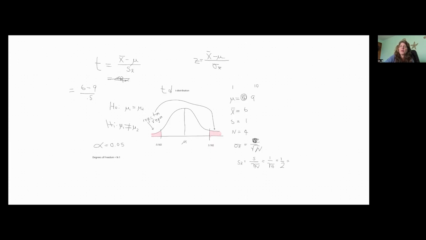I should have done that over here earlier. So that gives us negative 3 divided by 0.5, which is actually negative 6, which is going to fall way down here, which is definitely in the rejection region. But give me a second.